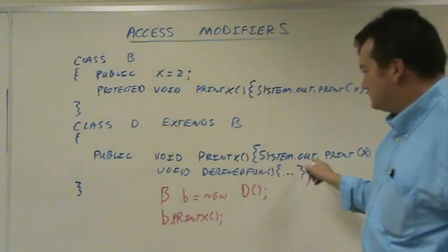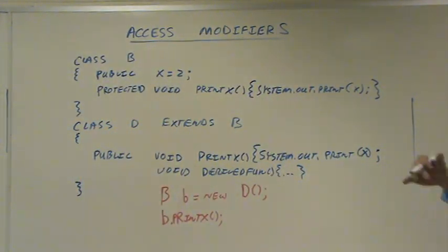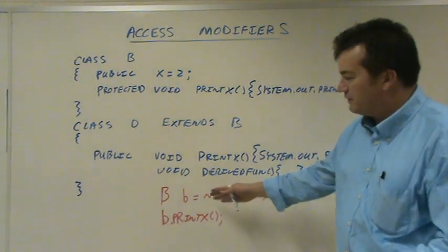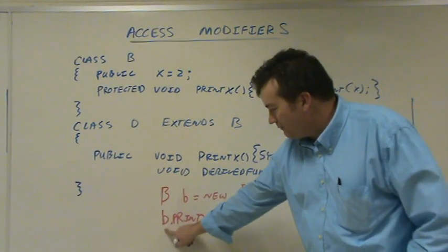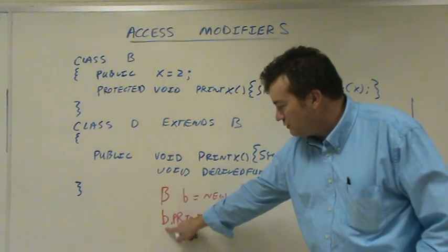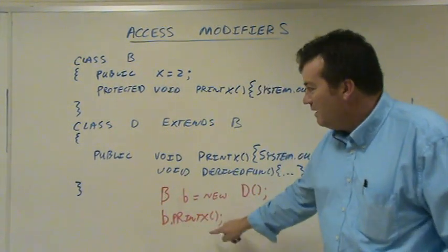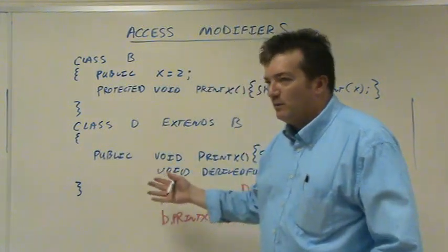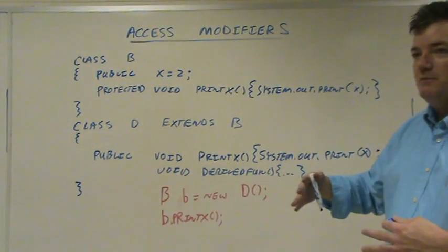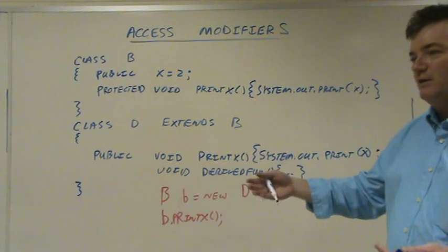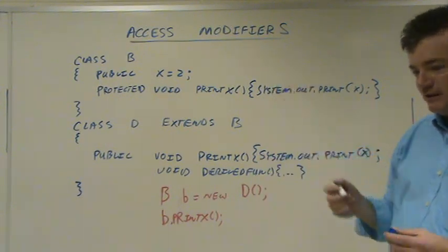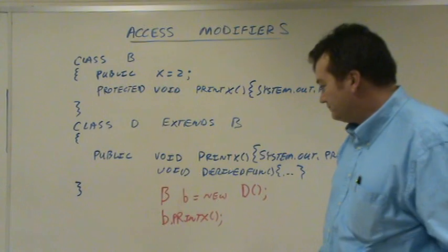Now everybody could use it. And no code that was already written could ever break. We could never have a case where a base reference was referring to a derived object and called the method, but because of this change, the method won't work. You're allowed to make the method's protections more loose. That'll never hurt anything, but you can't make them tighter, because that could break code that used to compile.